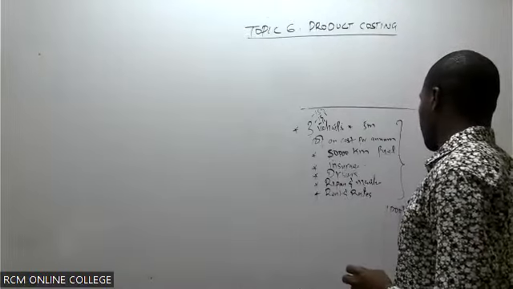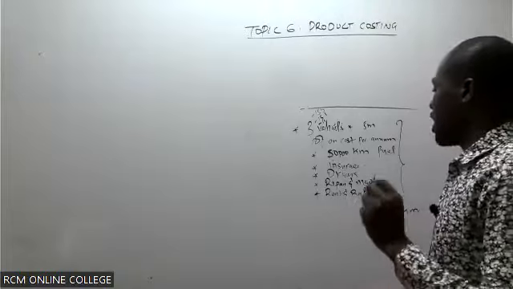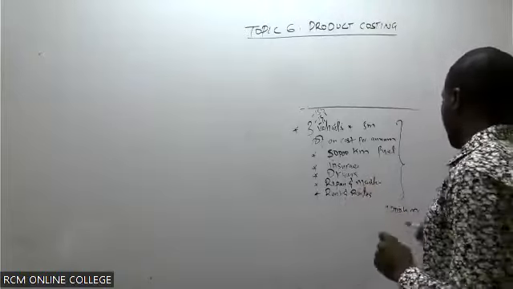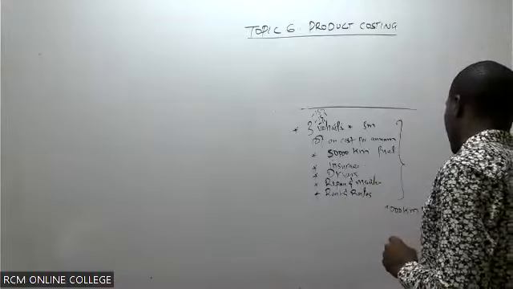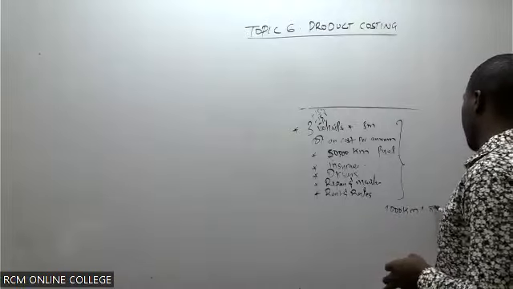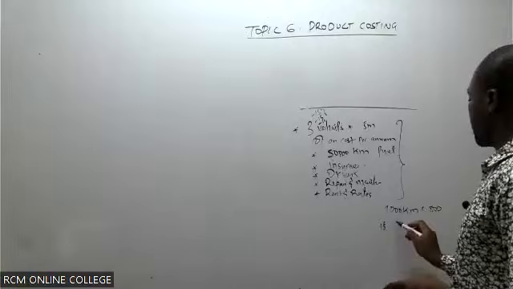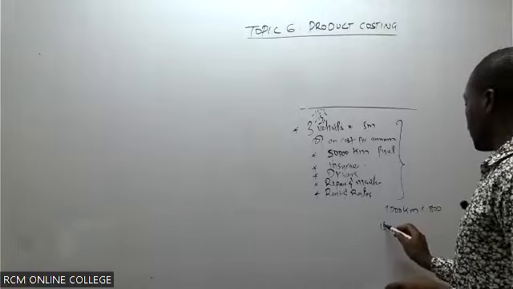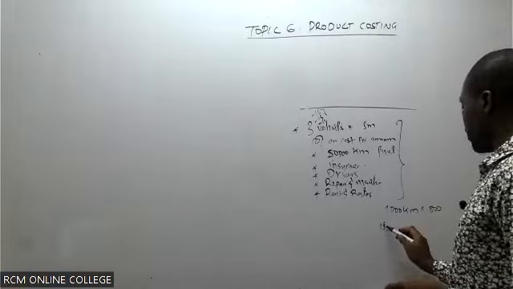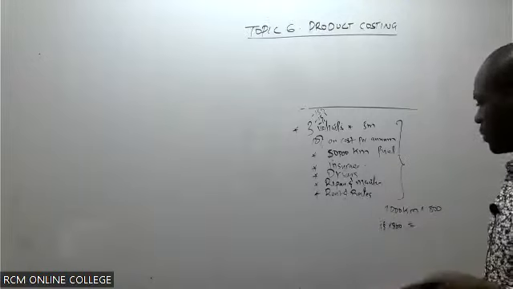Anytime they cover 1,000 kilometers, the company will be charging these passengers a fee of about, let's say, 800 shillings. So the 15-seater will be charging 800 per trip.